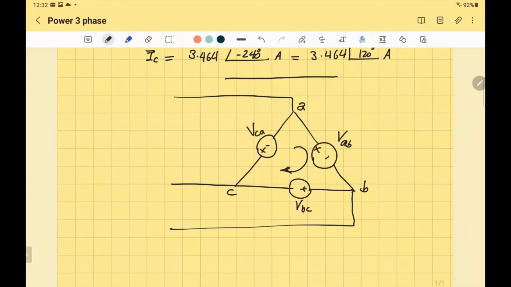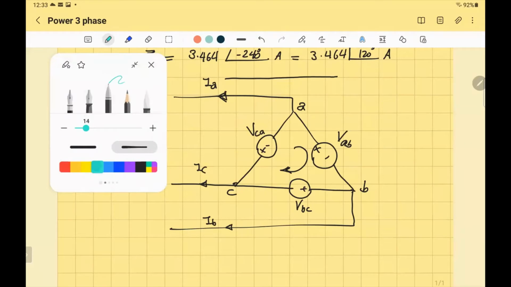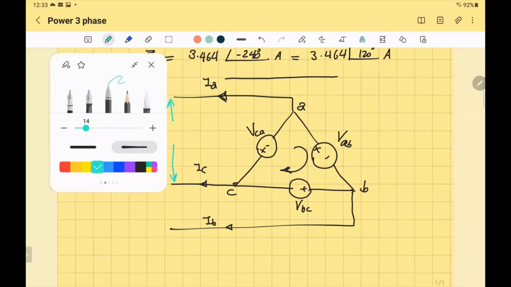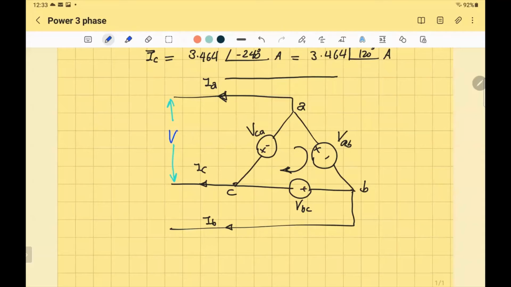And the current, you can say that the current now is coming out of the source. So that's IA, and coming out of C, that's IC, and IB. About the line-to-line voltage, obviously, this will be the voltage between A and C, CA.